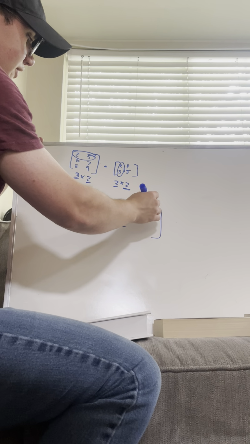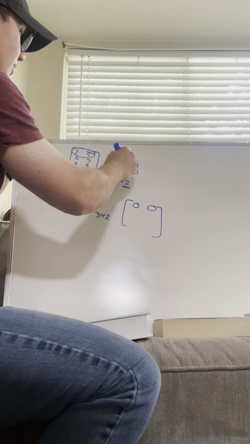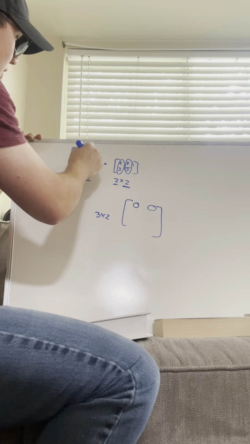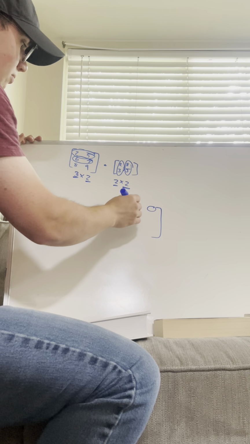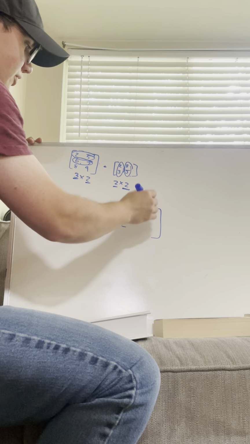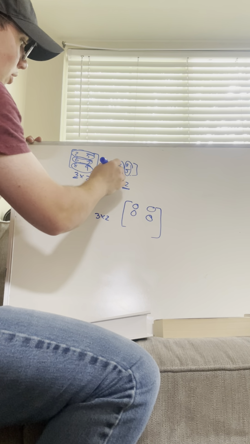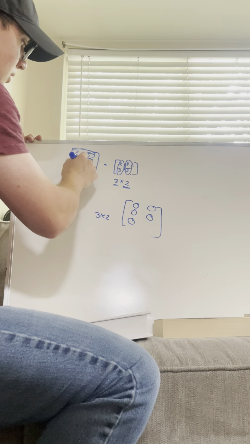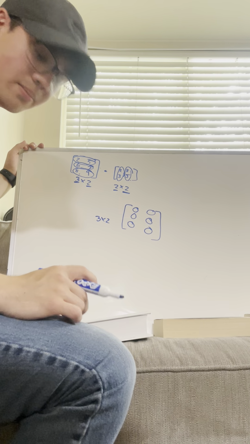Then to find this top corner, you would do the first row times the second column. For this next line, second row times first column, second row times second column. Last row, third row times first column, third row times second column. Like that.